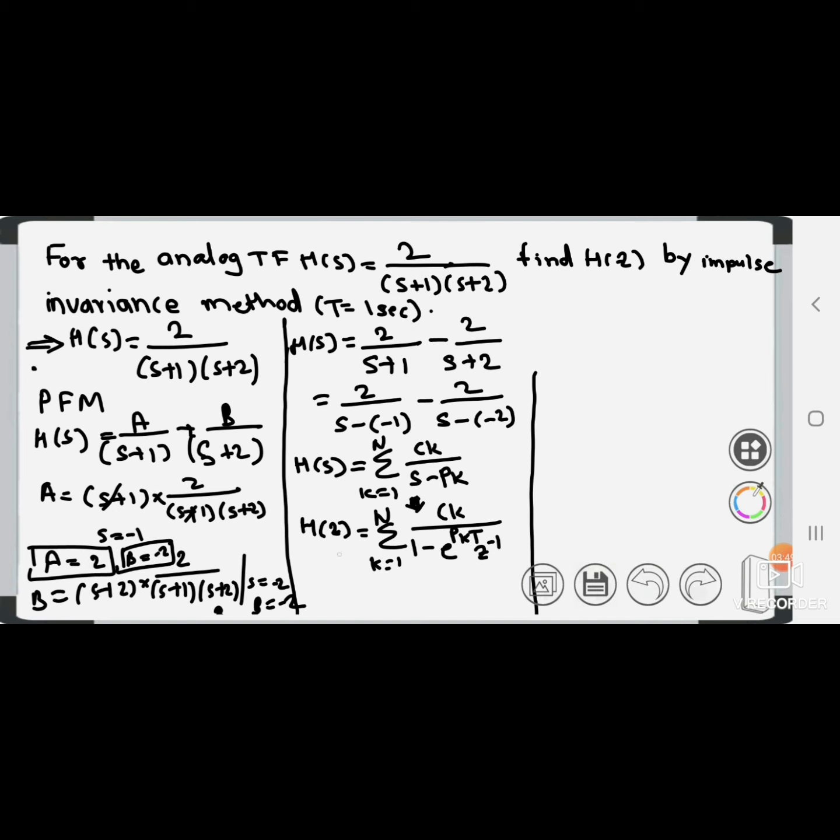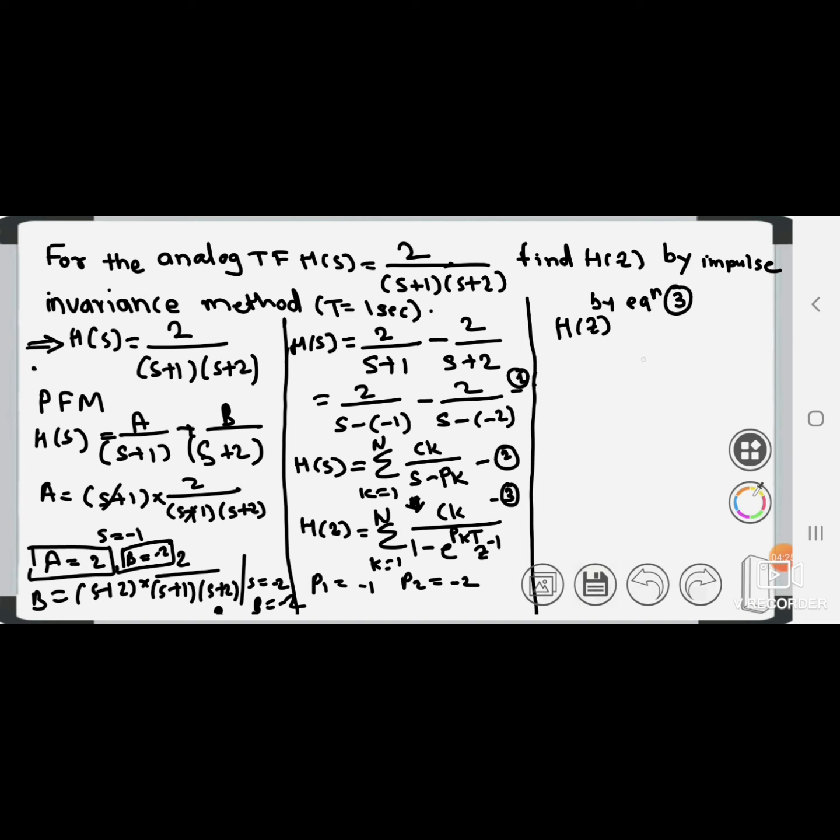By comparing this equation, call it equation 1, with this equation 2, we get p1 = -1 and p2 = -2. So two poles we are getting, p1 = -1 and p2 = -2. So directly we can convert it into H(z) by equation 3.